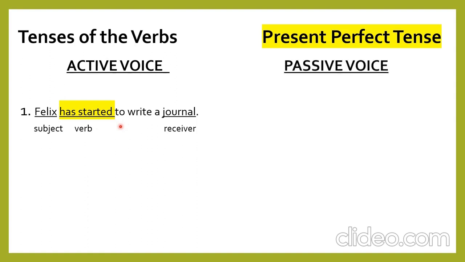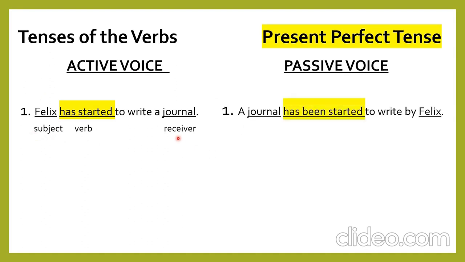Now, how do we transform or convert this sentence into passive voice? Again, the subject will be the receiver, so it will appear at the end of the sentence. And the receiver will be the subject of the sentence, so it will appear in front or at the beginning of the sentence. Just like here, a journal has been started to write by Felix. You have to take note of the change in the verb.